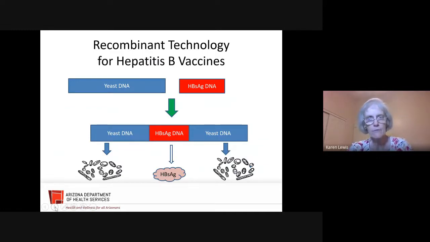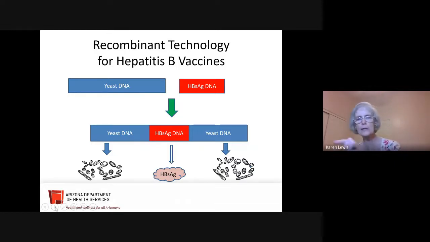Hepatitis B vaccines utilize recombinant technology. The virus has a section of DNA that codes for hepatitis B surface antigen, and that DNA sequence is spliced into yeast DNA. When the yeast replicates, it doesn't know any better.